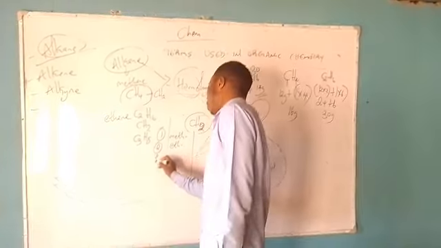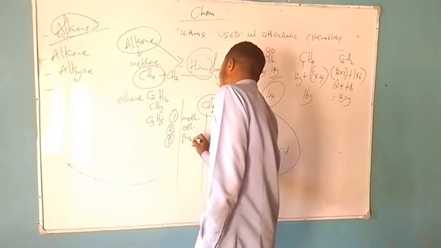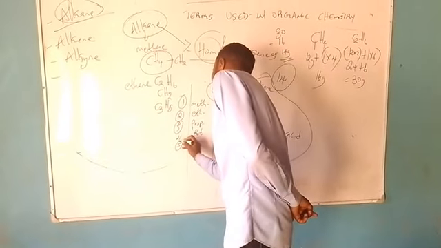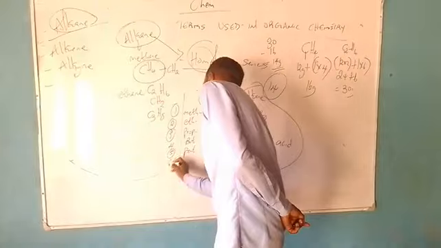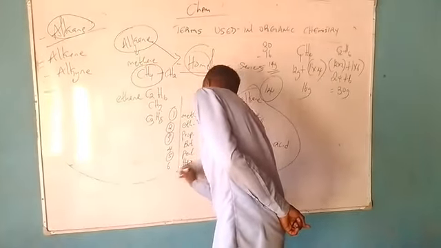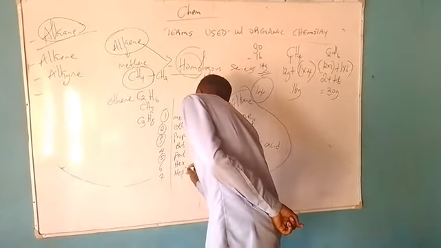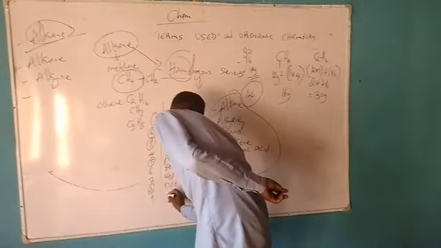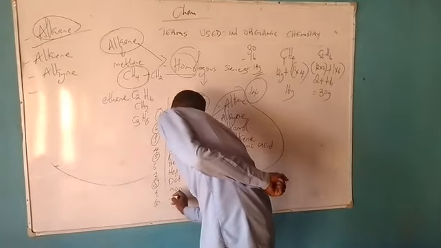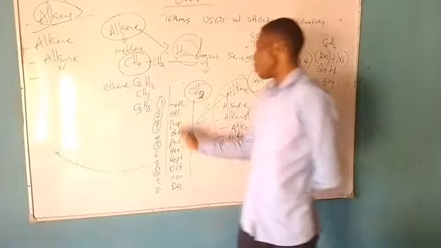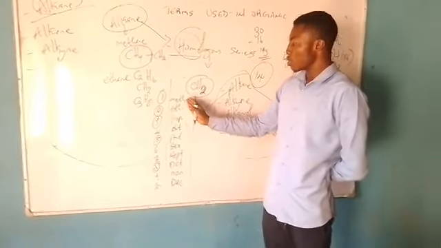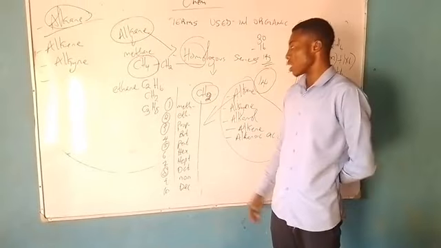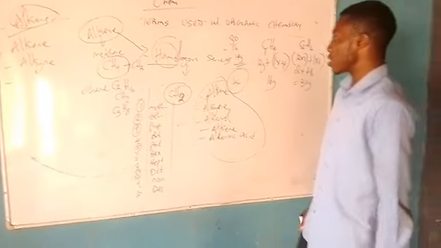If it has 3 carbons, prop. 4, but. 5, pent. 6, hex. 7, hept. 8, oct. 9, non. And 10, dec. Please make sure you memorize this. Pause the video and try to find a way to memorize this.